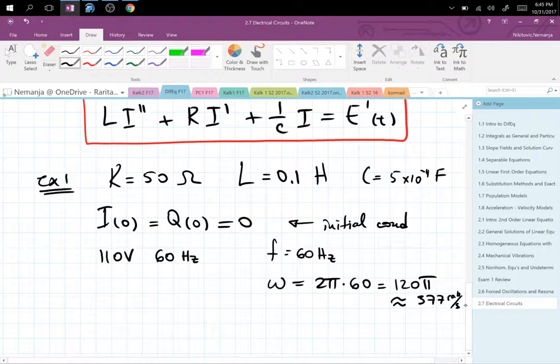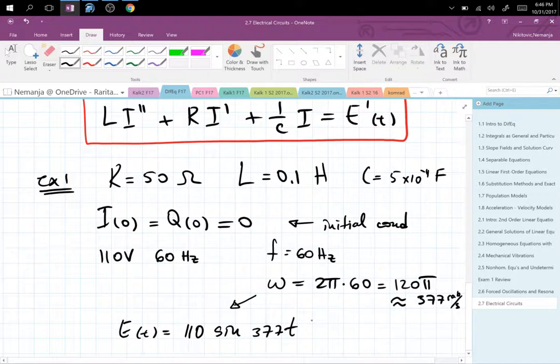So now that I have omega, I can plug that into my source. The source in time is going to be 110 volts, that's the amplitude, times the sine of 377t.